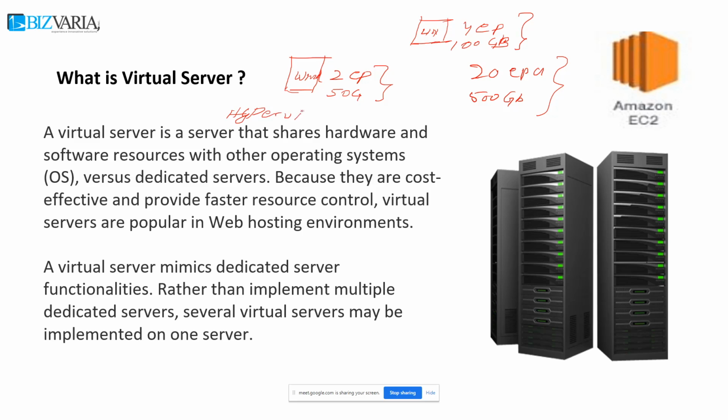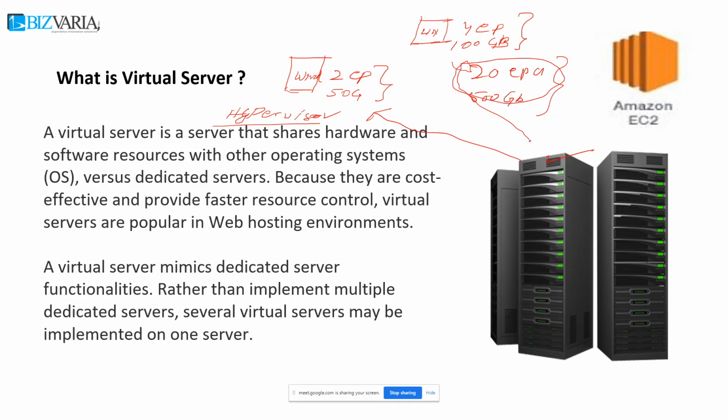Hypervisor. So what this software does, it takes the physical components of this server and divides them in such a way that it can fulfill the requirements of my server. It can assign 2 CPUs out, because this has a capacity of 20 CPUs.